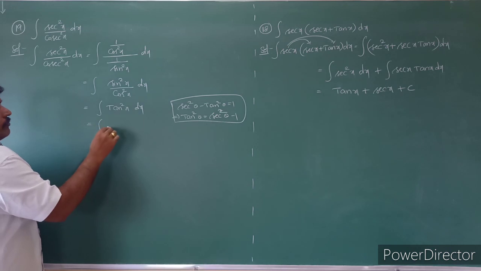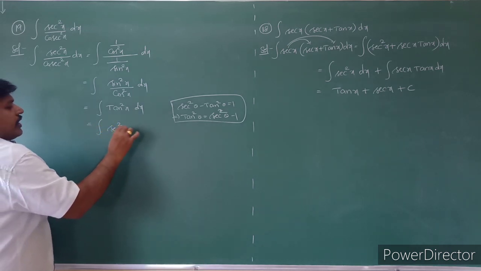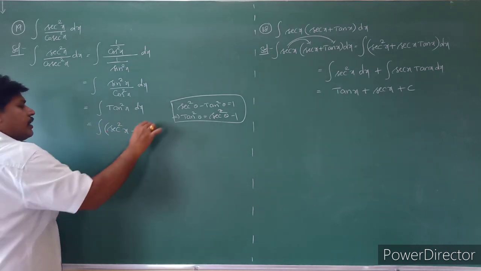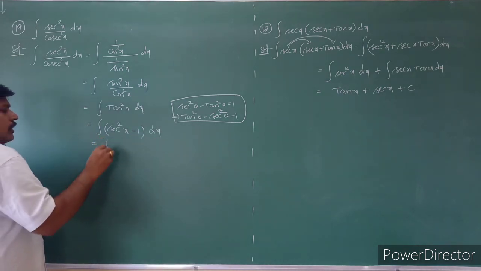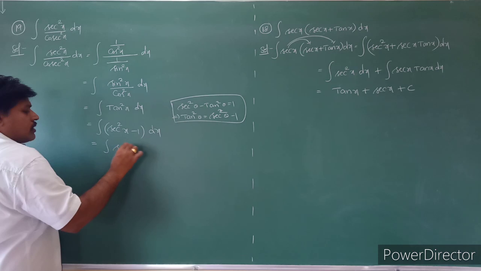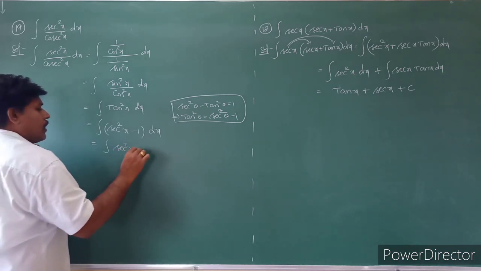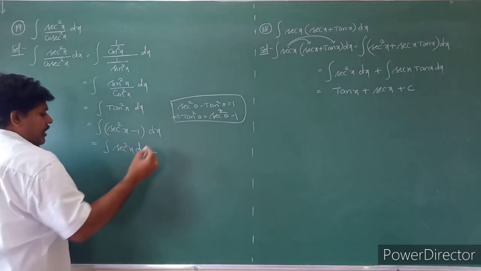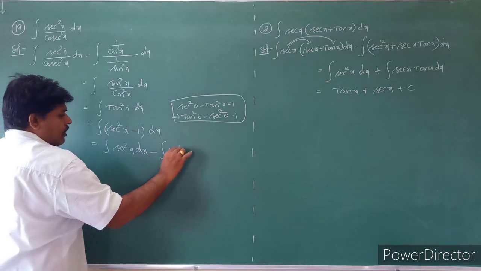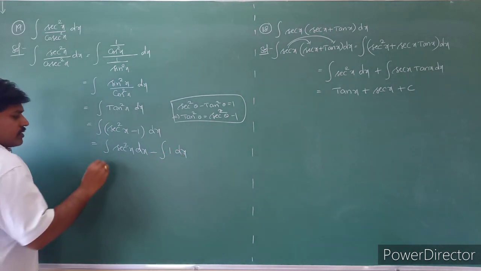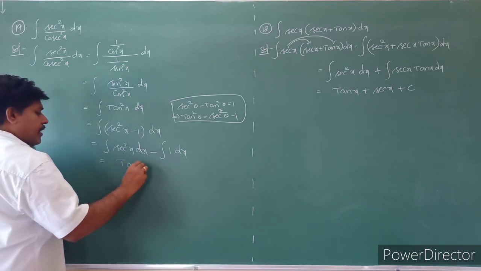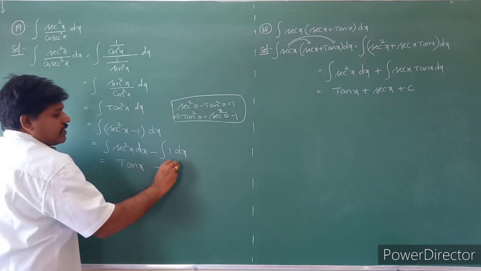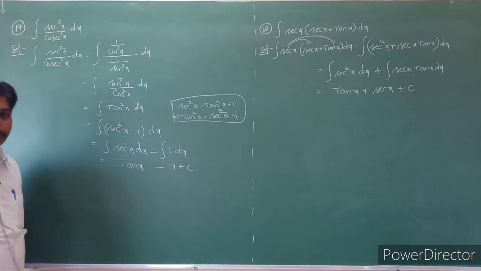So integral of secant square x minus 1 into dx. So that is equal to integral of secant square x into dx minus integral of 1 into dx. What is the integral of secant square x? Integral of secant square x is nothing but tan x minus integral of 1 is x plus c.